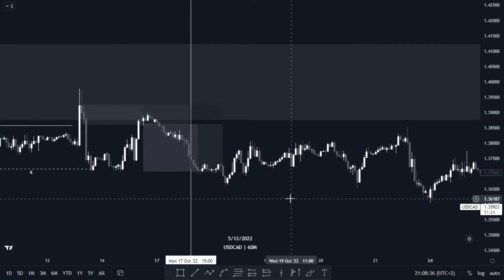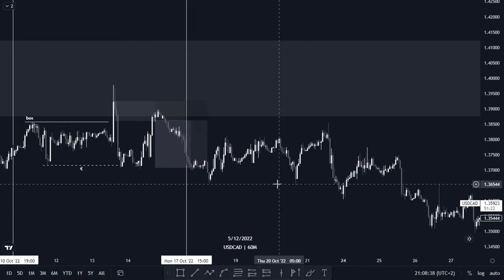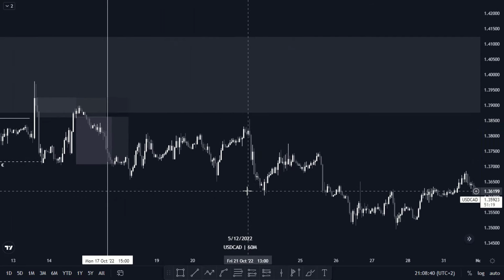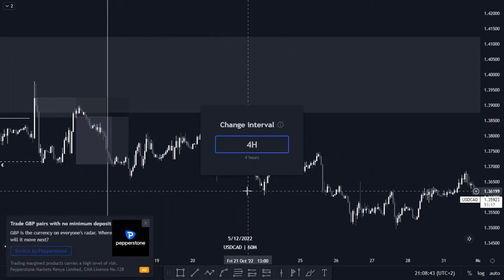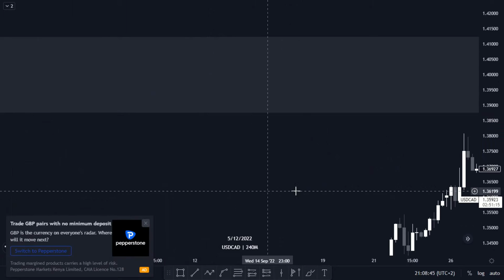Okay, price also moved, let's go to the 4-hour chart again and see.